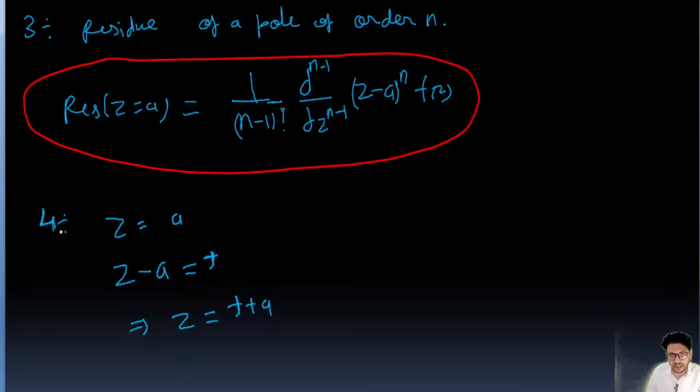Okay, and then the coefficient of 1 upon t is going to be the residue at z equal to a.